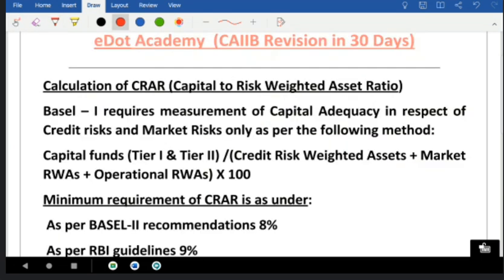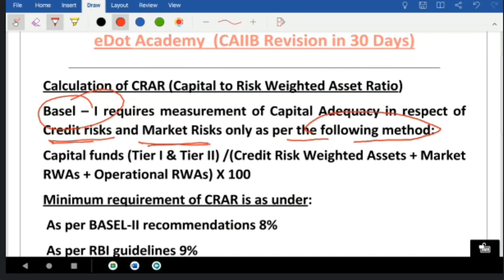So moving ahead, in Basel 1 there was a requirement of measurement of capital adequacy in respect of credit risk and market risk. Keep in mind, in Basel 1 only credit risk and market risk were considered, no operational risk. So this is a very important point. So they used the following method.